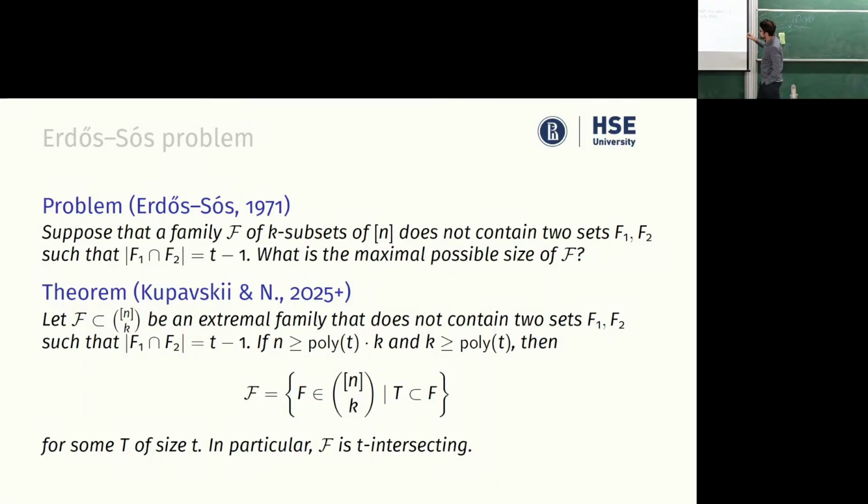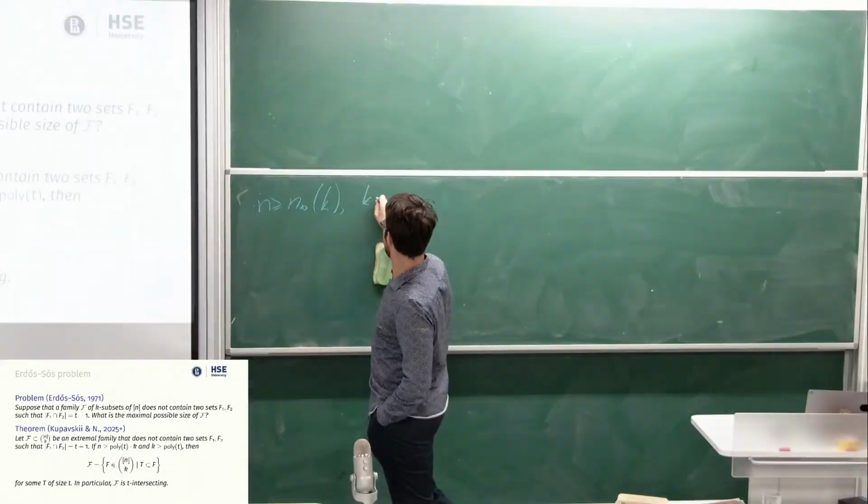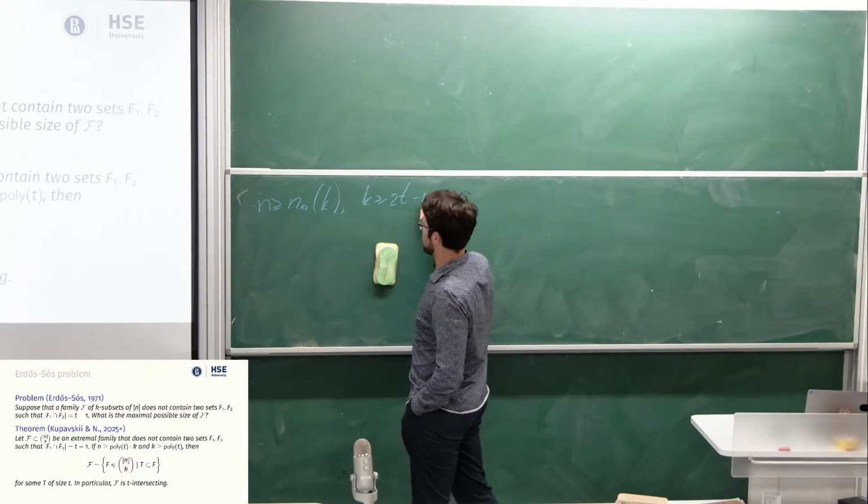The interesting feature of these results is that to obtain them, we need to strengthen the condition on k. The famous result of Frankl and Füredi tells us that this type of result can be guaranteed when n is at least some function of k, and k is at least 2t minus 1.